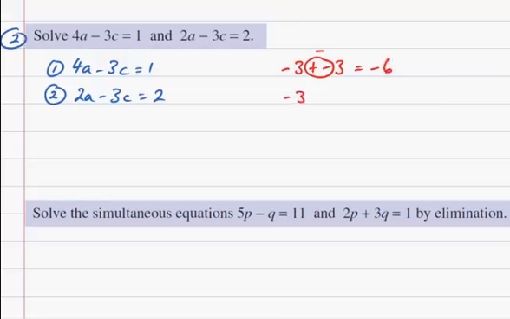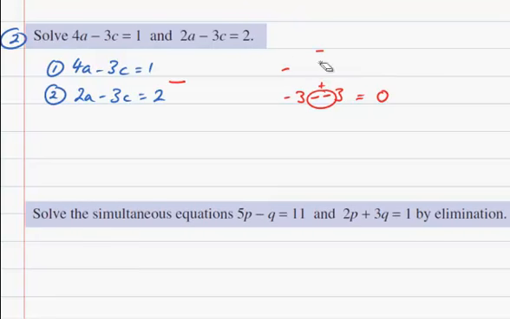-3 minus -3, that will become plus. So -3 plus 3 is 0. So if I want to get 0, it means that I'm subtracting the two equations. I need -3c minus -3c.